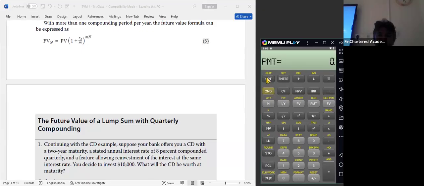So let's check out. Compute FV. You see, I'm not getting 11,716. Instead, I'm getting only 11,664.